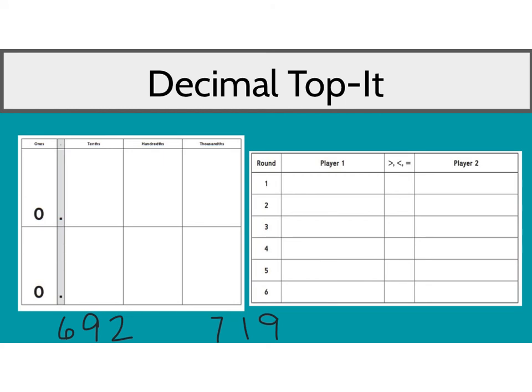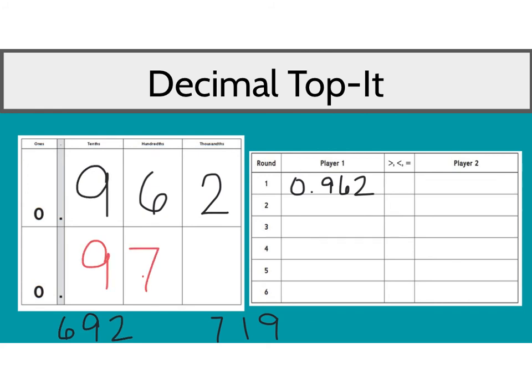So the smart thing to do might be to put your largest digit in that tenths place and make them go from large to small, that might be a strategy that works for you. So player 1 would place their decimal here, and then we would have player 2. They would decide what order they were going to put their decimal in, and let's say that they chose this. And then we would write the decimal over here.